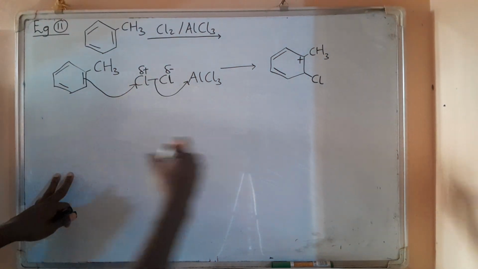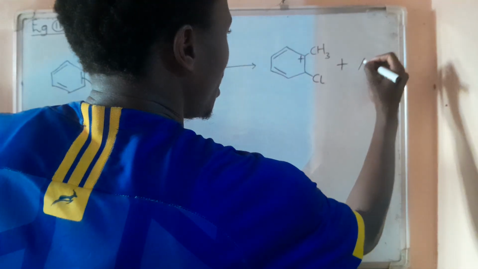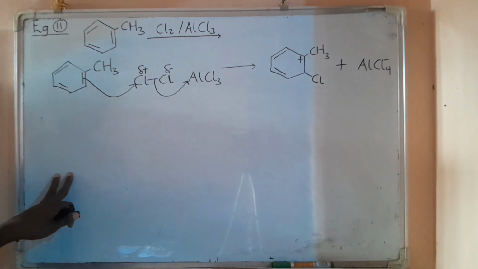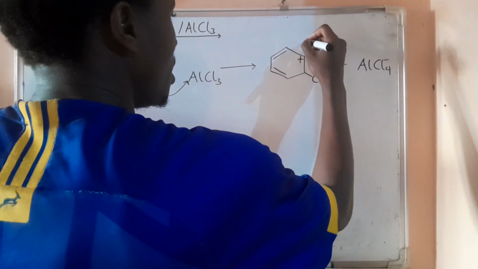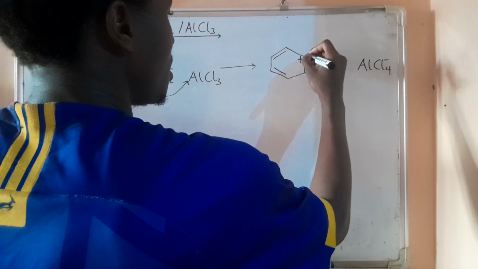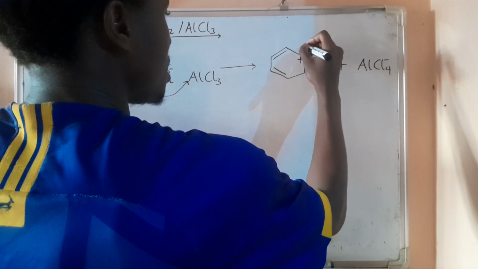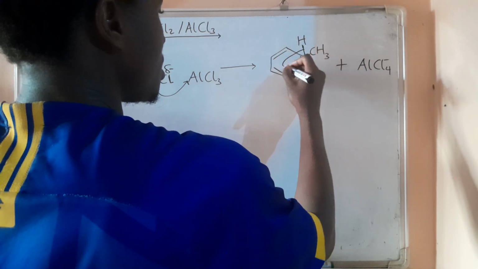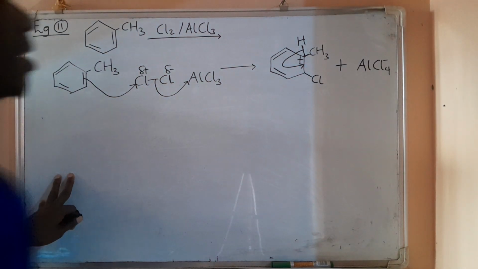Then this chlorine and the Lewis acid catalyst will form AlCl4 minus. Then we have a silent hydrogen there, so it donates electrons to that electron deficient carbon.